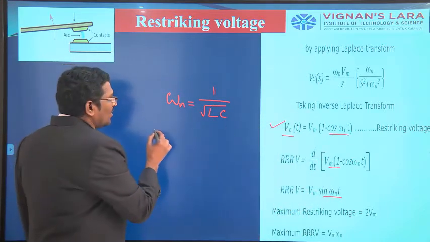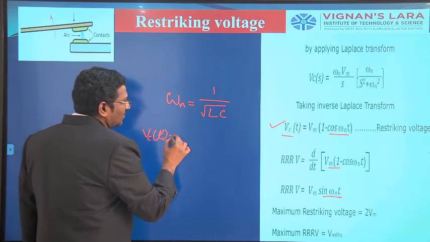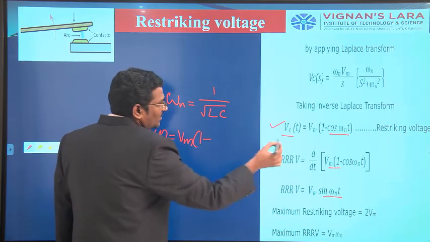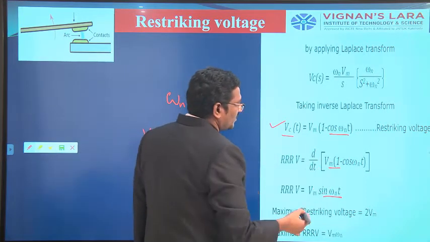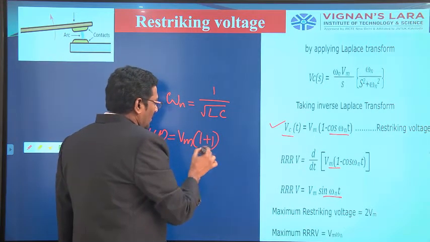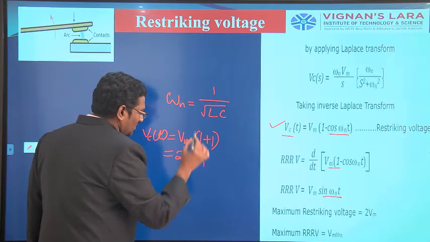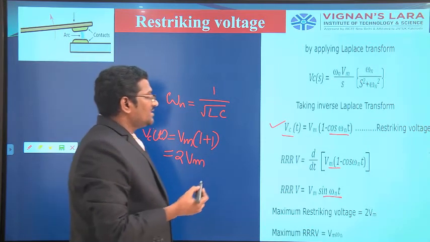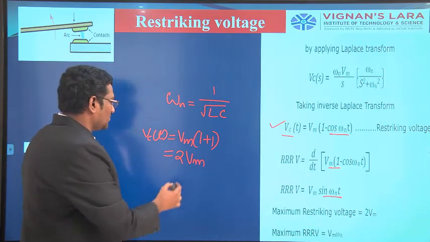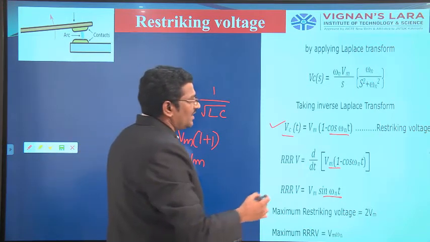Vc of t equals V maximum times 1 minus, and since the value is minus 1, minus times minus gives plus, so this is equal to 2 times V maximum. Therefore the maximum value of the restriking voltage is 2 times V maximum. In this way you can calculate the maximum value of the restriking voltage.